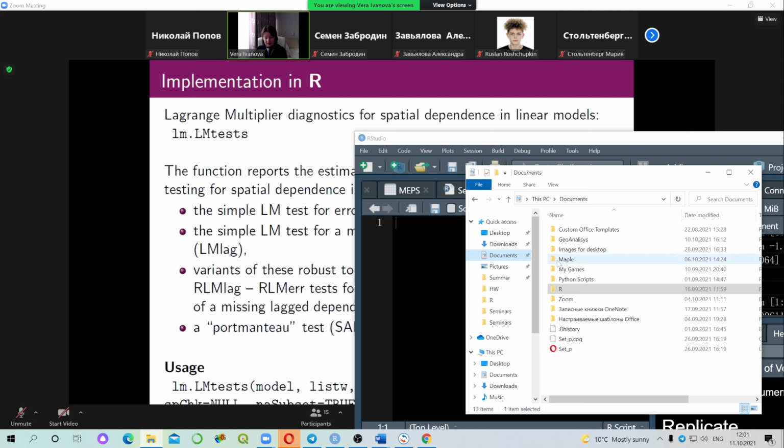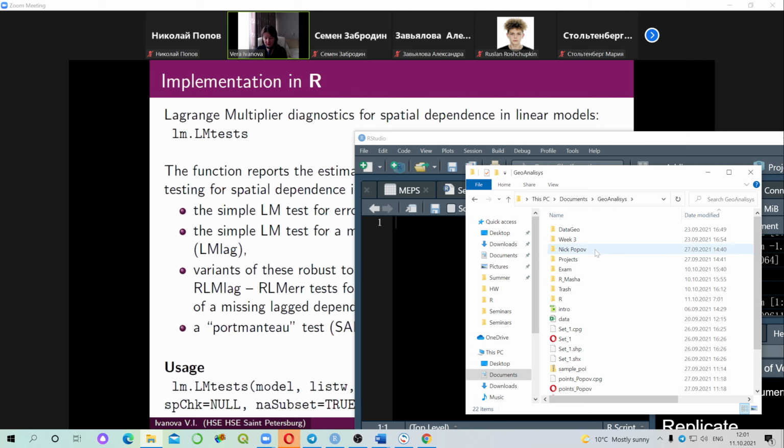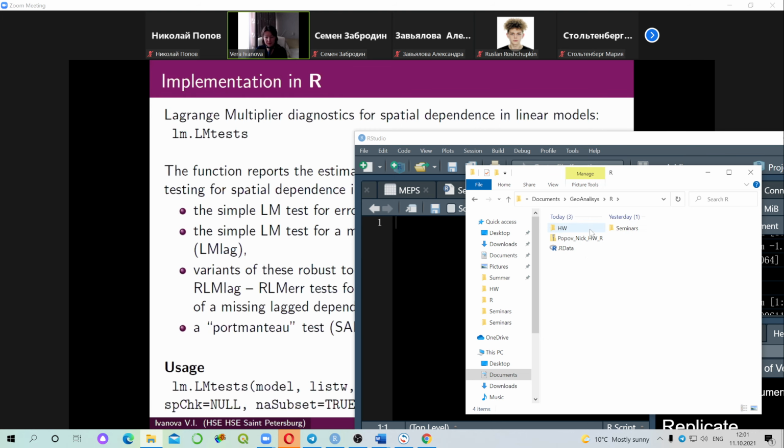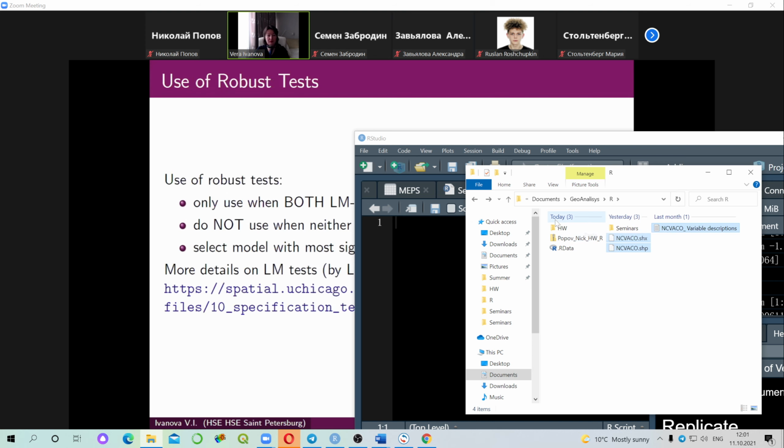Also, we can indicate what kind of test we need to compute. Usually we can run all the tests and then just choose the best one.